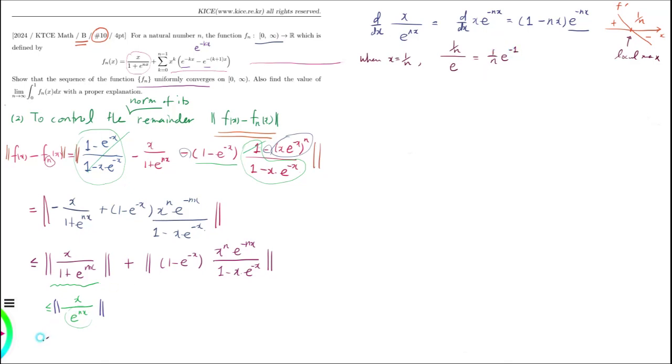So this value is always less than or equal to 1 over n times e to the minus 1.